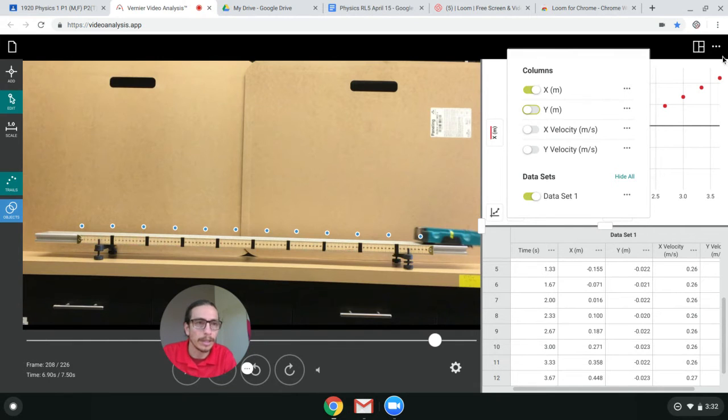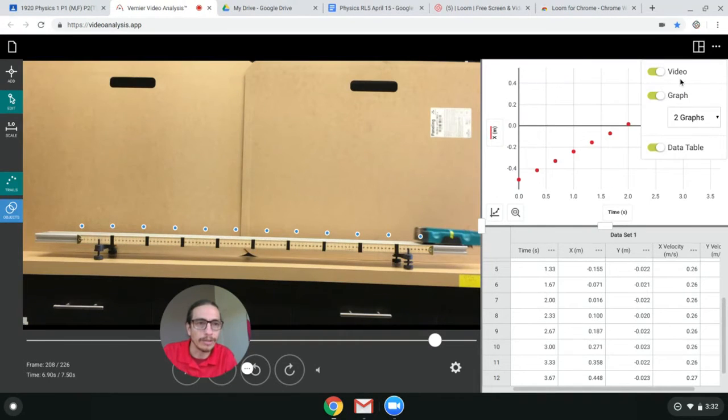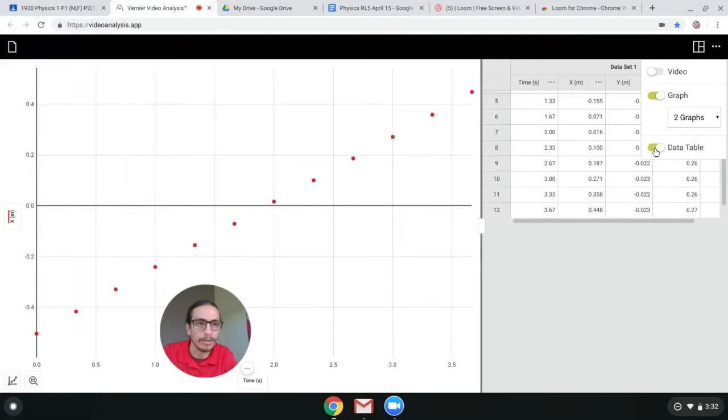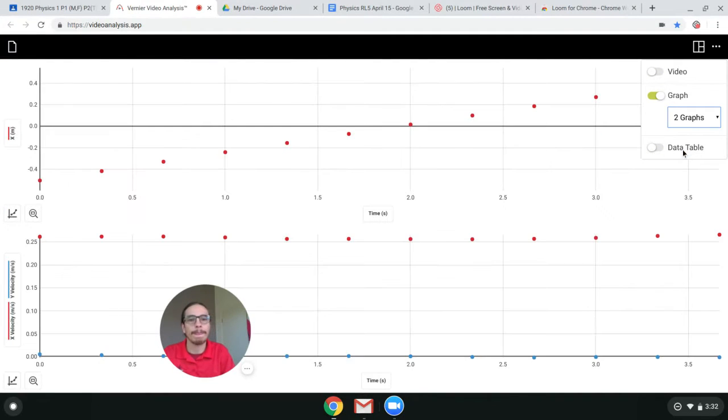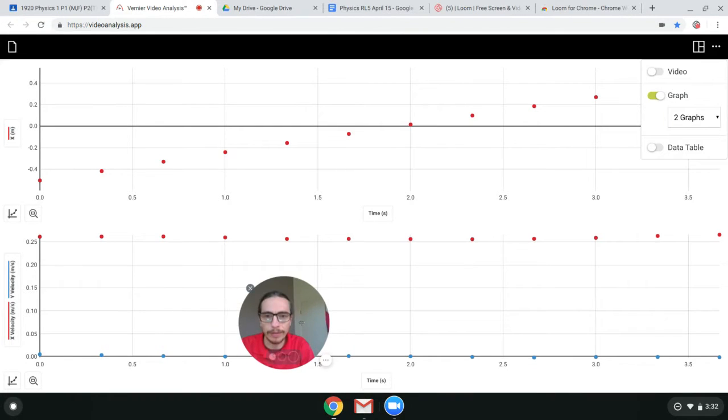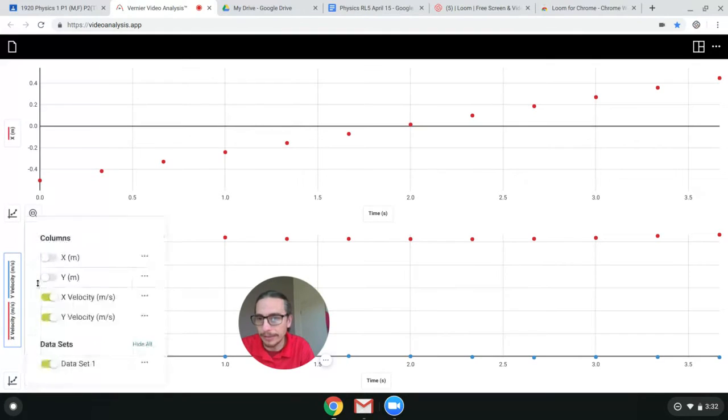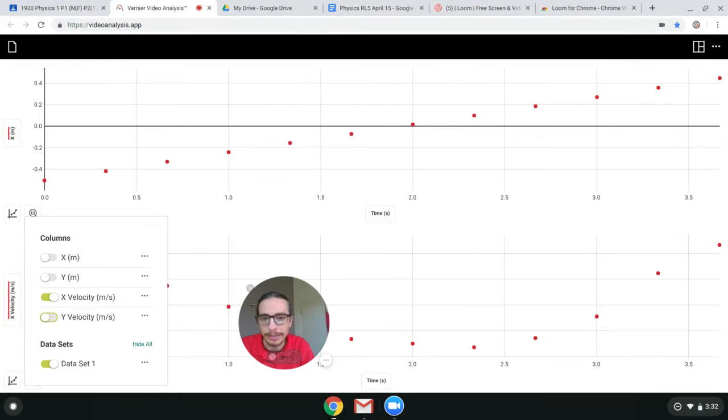Cool. I'm going to go to my graphs and choose, get rid of the video, get my two graphs going. There we are. And my velocity graph looks okay too. I'm going to get rid of the y velocity since it's at 0 pretty much the whole time. And then that happens.